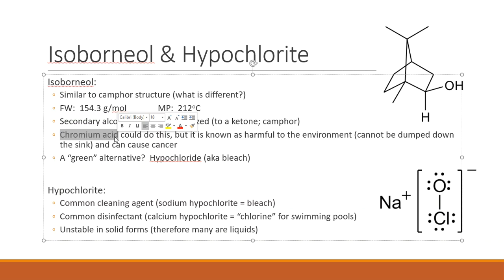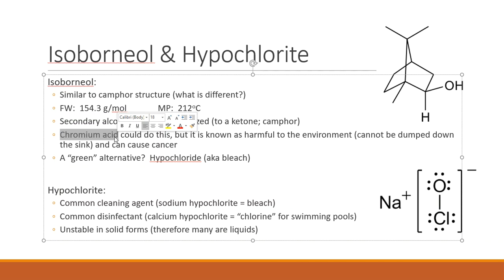So if we can substitute that with something else that does the job like chromium would, then all of a sudden we could have some products that we could dump down the drain. And that's what this lab is all about. It's taking something like chromic acid, getting rid of it, and showing you that there's other better ways to produce the same type of molecule.